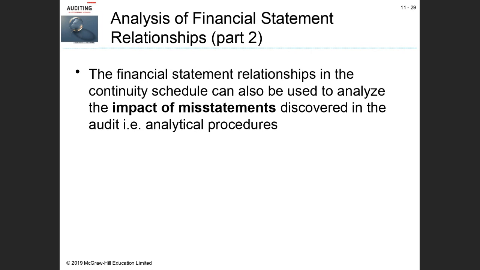So if sales went up 30% and accounts receivable went up 40%, let's say from $5 million to $7 million, but they should have only gone up by 30%, which would be $5 million to $6.5 million, then you know the impact of the misstatement might be $500,000, right?